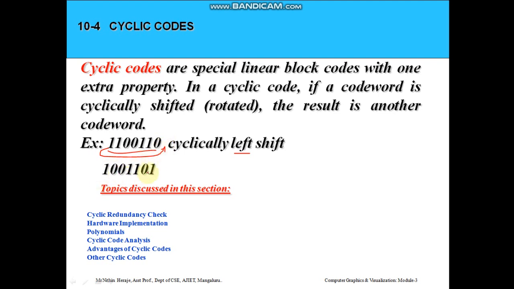So when it is shifted, you will read it as 1001110 and the shifted bit as 1. So you will find that example here, 1001101. So this is a cyclically left shifted code word, and the result in fact becomes another code word.